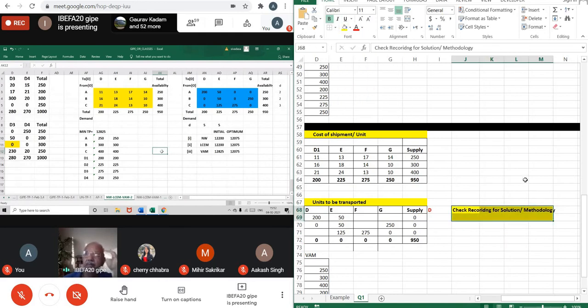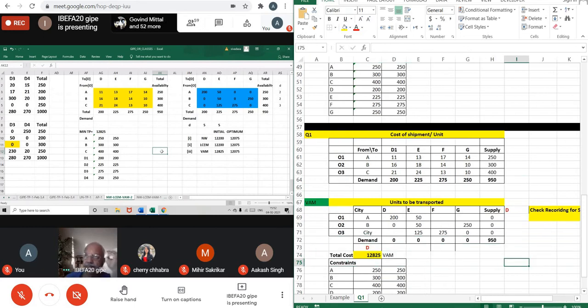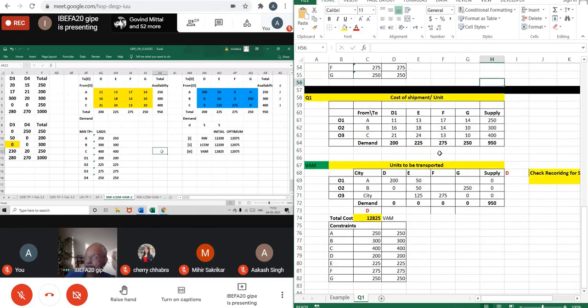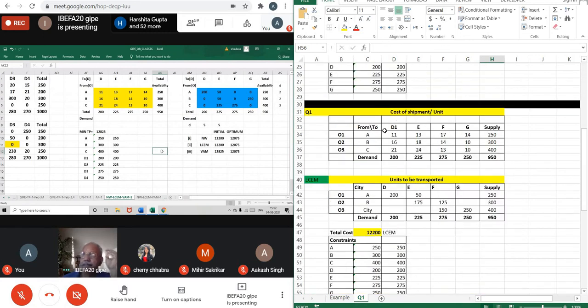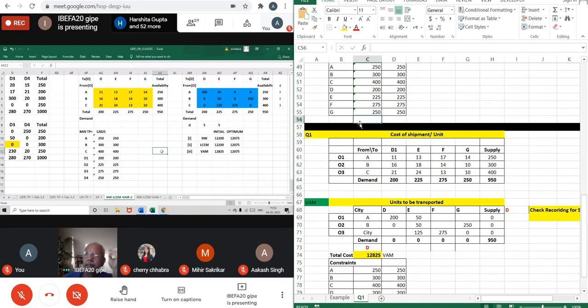That is a different work. Whether a given question is a transportation or assignment problem, the solver algorithm remains the same. Why TP and AP? Even in LPP, everywhere there is an objective function, there are variables, there are constraints.